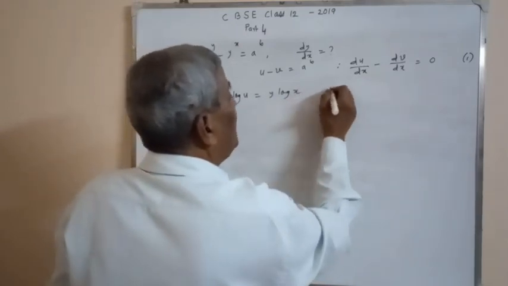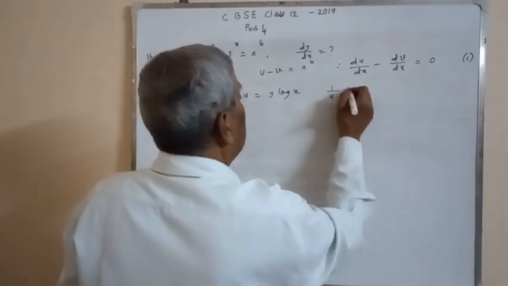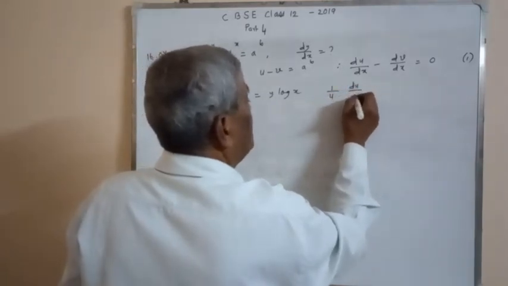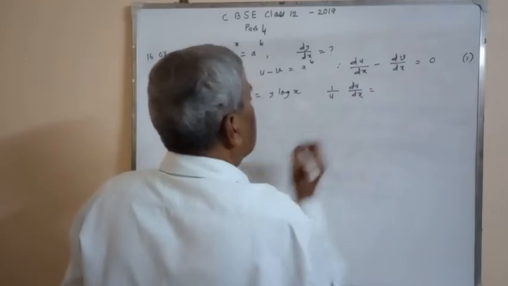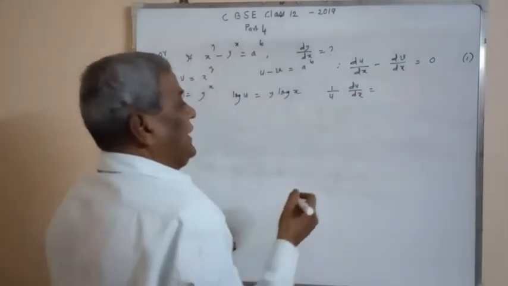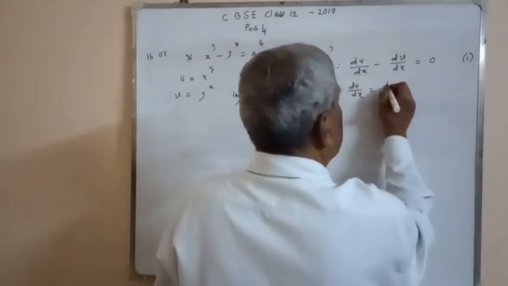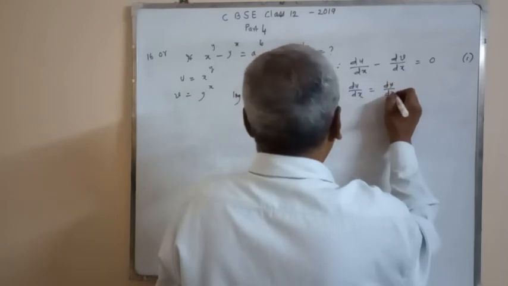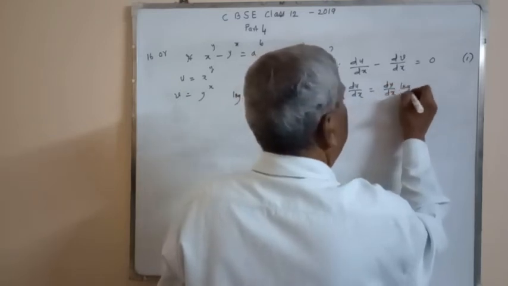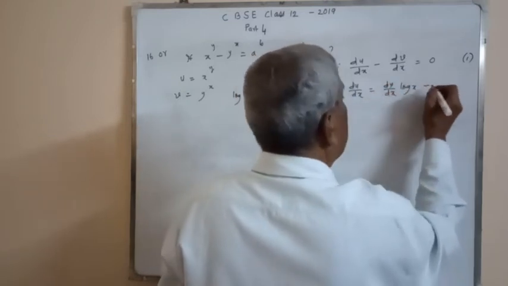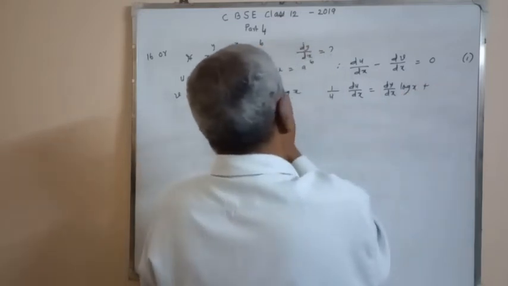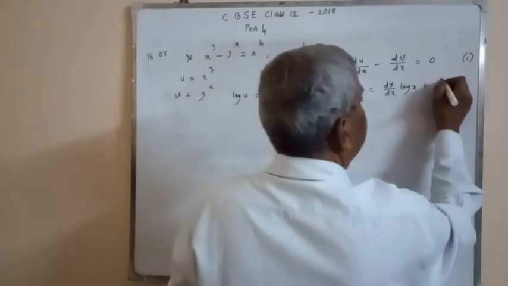So this becomes 1 upon u into du/dx is equal to, this is a product of two factors, first of all dy/dx into log x plus y into 1 by x.